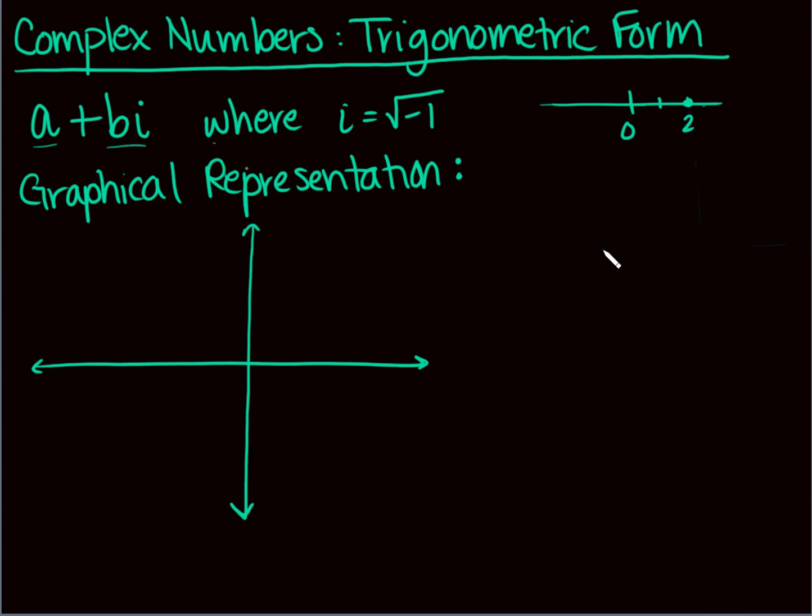So when we look at a graphical representation for a complex number, I'm going to have a real number line horizontally. So we say that this is the real axis. And then I'm going to let the y-axis be the imaginary axis. It does exist. I know that's complex, haha. I know that's a little bit weird, but it's an imaginary axis that actually does exist.